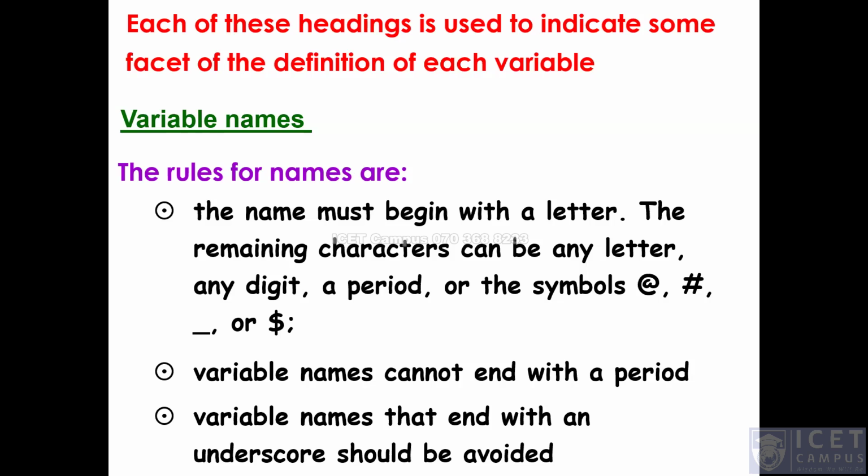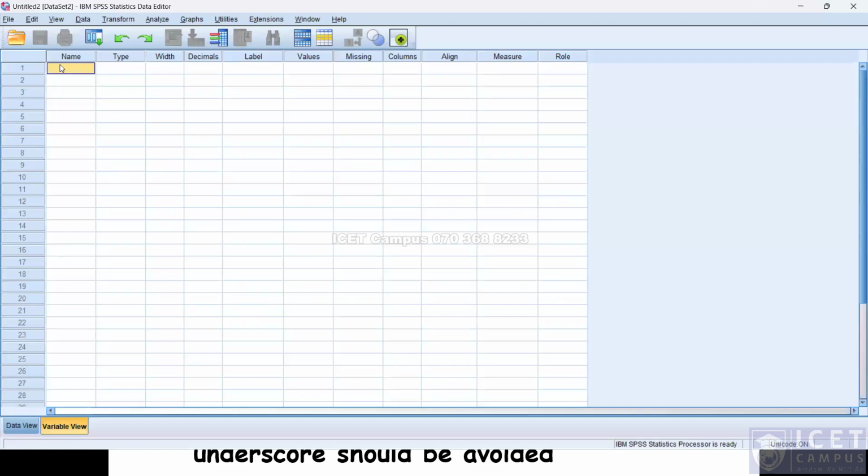Right? So we'll try. I will start from here, variable view. We can use hash, it doesn't matter, right? We can use hash, underscore, any of these can be used as variable names, right?